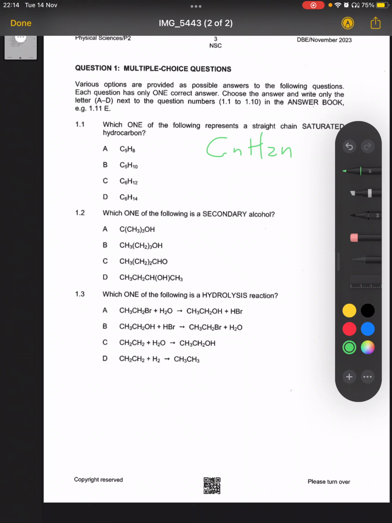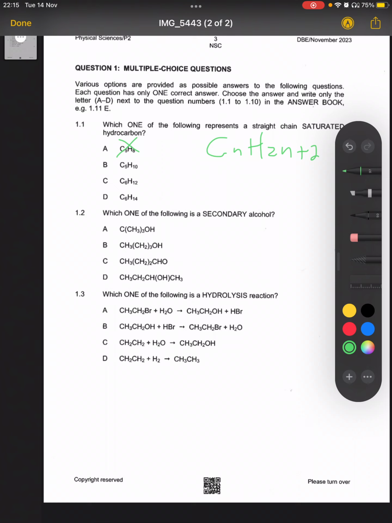If it's CnH2n plus 2 for an alkane, it must be C5, 5 times 2 is 10, 10 plus 2 is 12. So therefore A is totally incorrect.